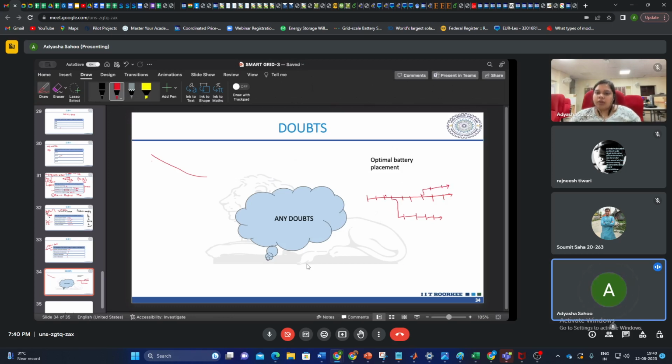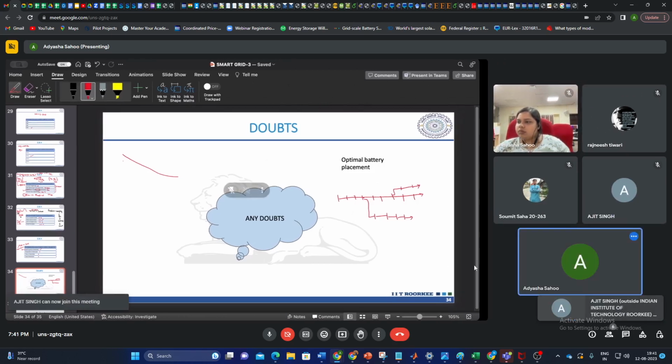Why we need this optimal battery placement is, let's say we have such a system, and these batteries are costly to deploy, they are not easy to install, right?